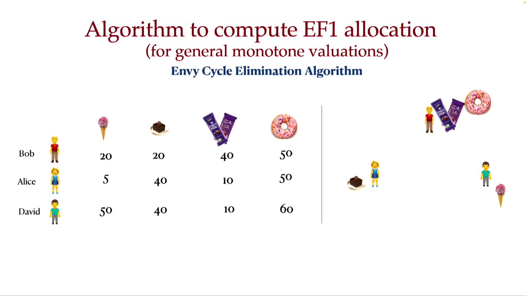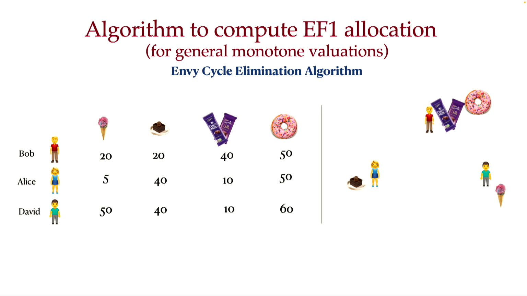Okay? If there is a source vertex, now I am slightly moving towards the proof. If there is a source vertex, what does it mean? What is the meaning of source vertex? Nobody envies him, right? And I am allocating an item to this person now. So, if I forget about this item, does anybody envy him?